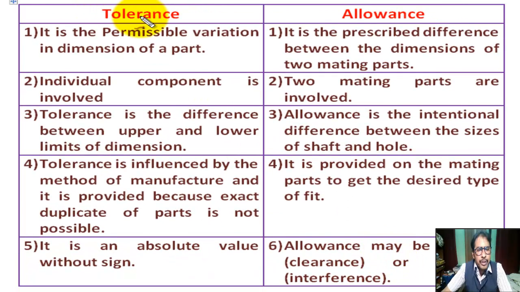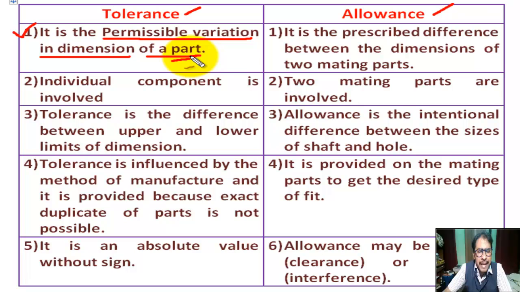Now, the difference between tolerance and allowance. Left column for tolerance, right column for allowance. Number 1, tolerance is the permissible variation in the dimension of a part.